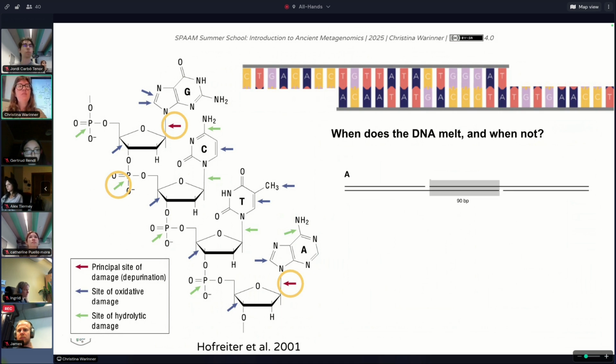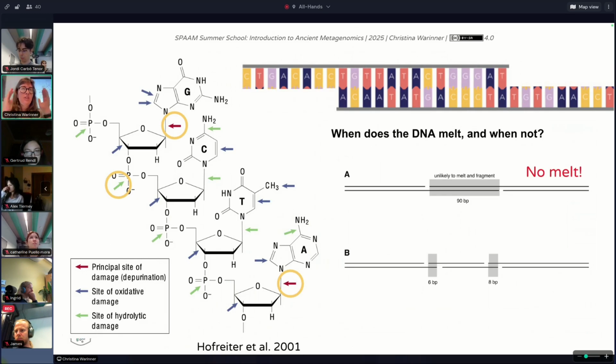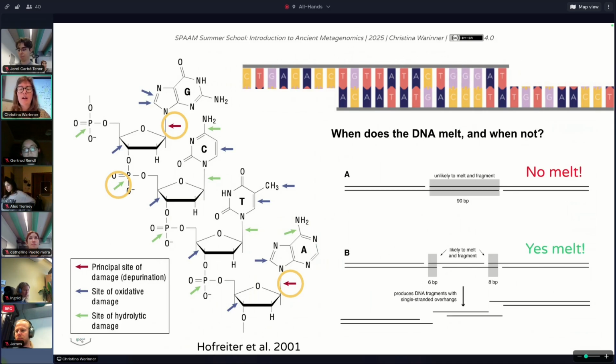If you have two nicks that are 90 bases apart, so you have 90 bases worth of hydrogen bonds holding the DNA together, that's likely to stay together, even in the archaeological record. So it's not going to melt. But if you have nicks that are only 6 bases apart, only 6 sets of hydrogen bonds are holding that together, that's not going to be strong enough, and likely that DNA is going to separate and melt into fragments.